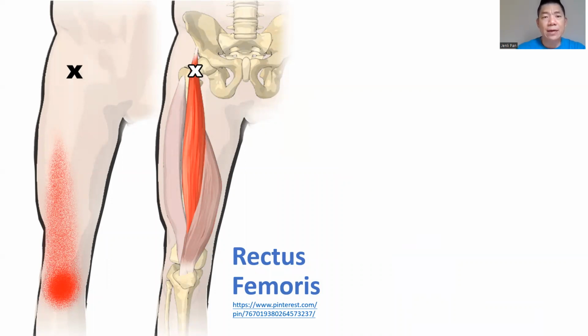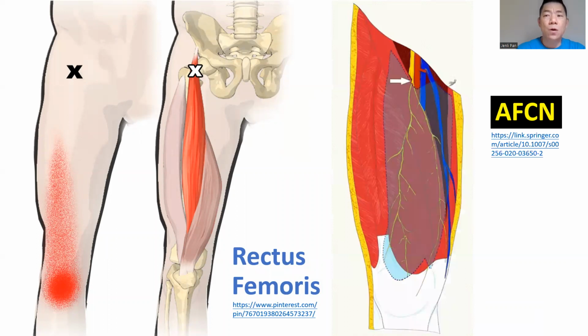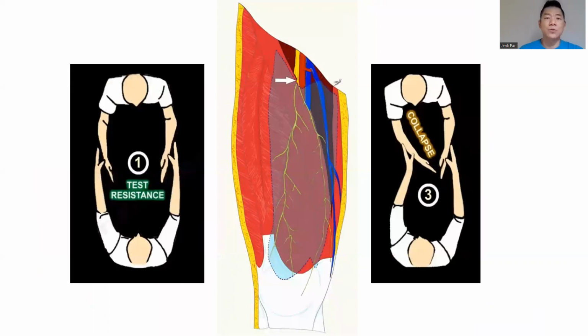Back to the exam, we can now use the scratch collapse test to differentiate whether an anterior thigh pain is caused by purely rectus femoris muscle myofascial pain, or whether there might be an underlying anterior femoral cutaneous nerve entrapment. Now you know how to do this. We do the pretest first, right?